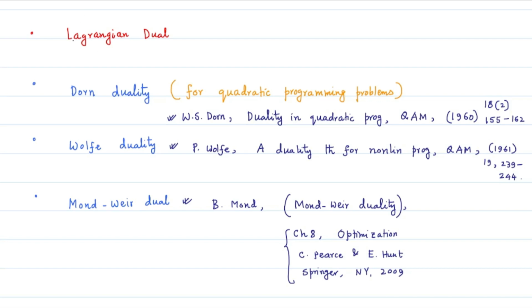And for Lagrange duality, the most used duality theory for nonlinear programming problems, it was pioneered by John von Neumann, a giant in optimization theory. The popularity of Lagrange duality came when von Neumann conjectured that a two-person zero-sum matrix game is equivalent to a linear programming problem.